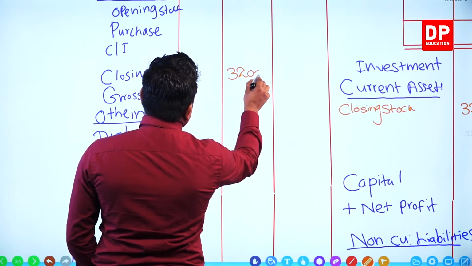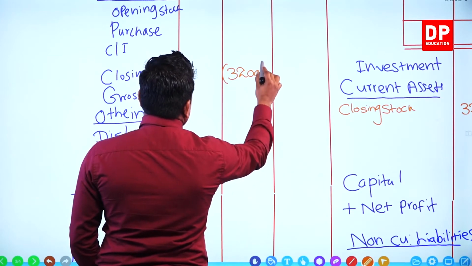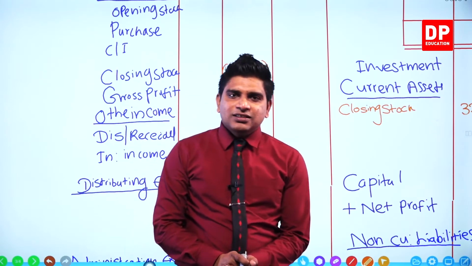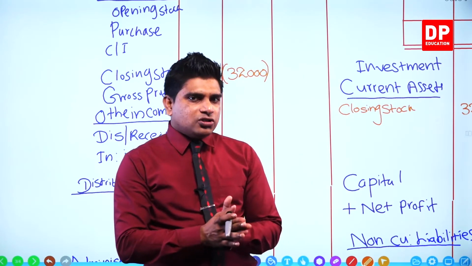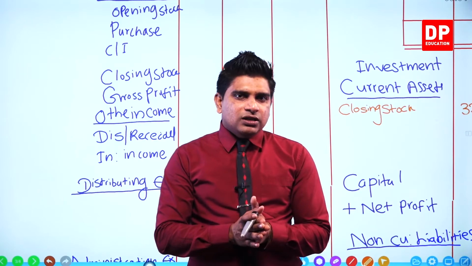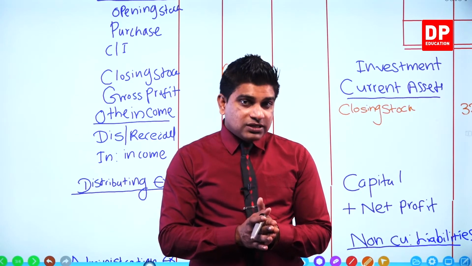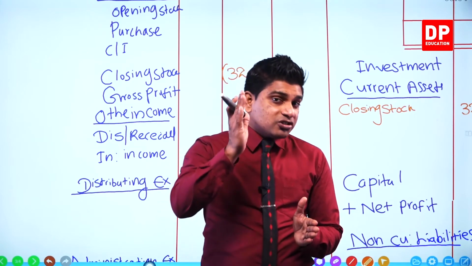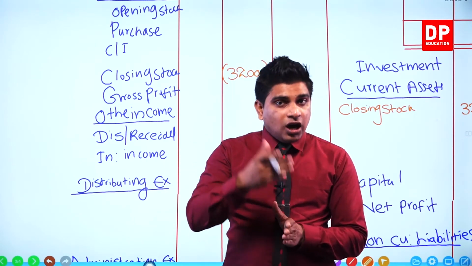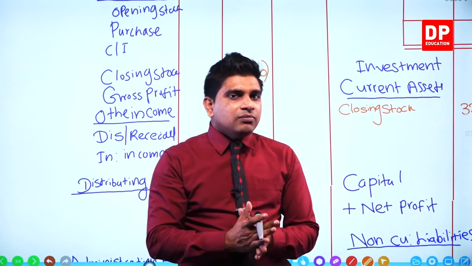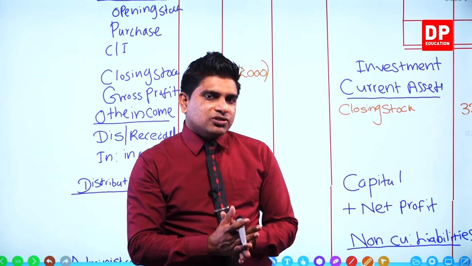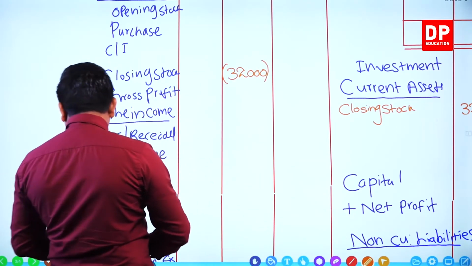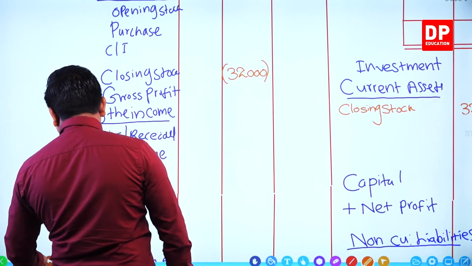Then here we put it in brackets. I think you remember now, right? In the previous question also we recorded closing stock in two places, under the current assets and to calculate cost of sales. You must remember these points. In your O-level exam also they will ask the same adjustments. It is the first adjustment, right? Okay. Now let's go to the next one.